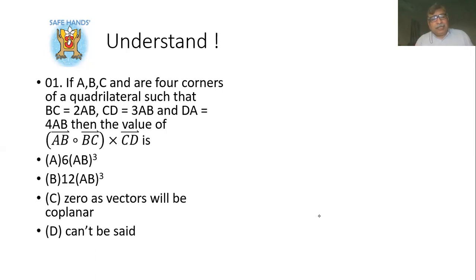This assumption is perfectly correct if and only if the notations are different than whatever are over here. Please note, your argument will be correct if you are having AB cross BC dot CD.